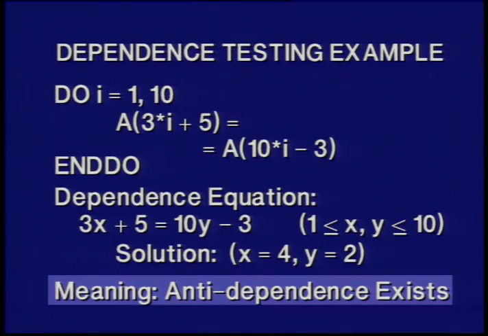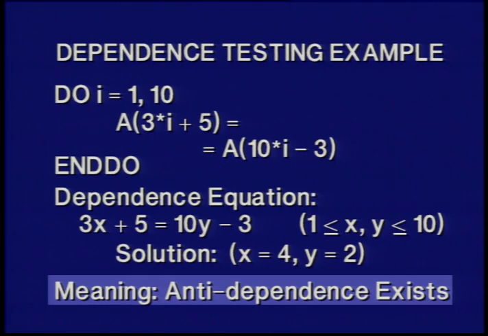If you look at the top of the chart, I have do I equals 1 to 10, and then I have a subscript of A, which is 3 times I plus 5, and so a value is being stored into whatever that location is. In the loop, further down, I'm using something out of another element, or maybe it's the same element of A. The question is, is there any relationship here?